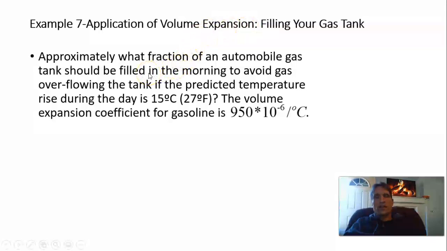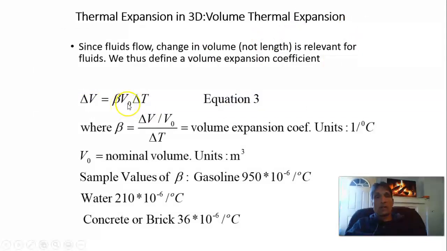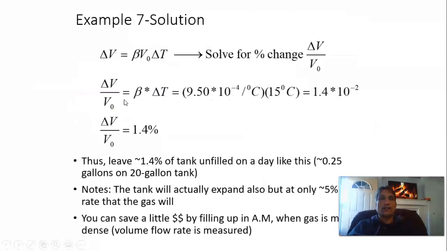What's the fractional increase in the volume of the gasoline from morning to afternoon? Again, we're using this formula. To calculate the fractional change, it would be delta V over V0, so we divide both sides by V0. Here we're given beta, the expansion coefficient for volume, and we're given delta T. So we have everything that we need to calculate the fractional change in the volume.